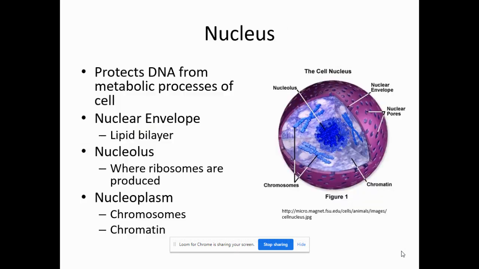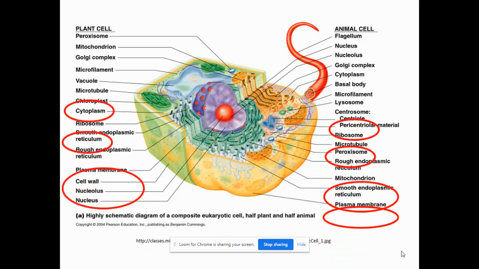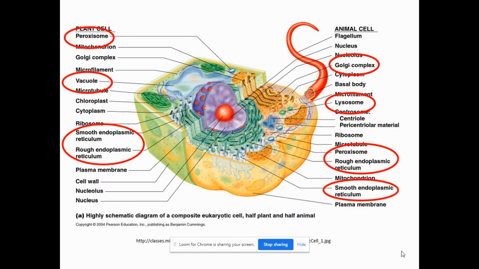Now we're going to first talk about the endomembrane system, and then go into some other organelles that are highlighted here, some that are specific to the plant cell, some that are specific to the animal cell, and some that they both have.